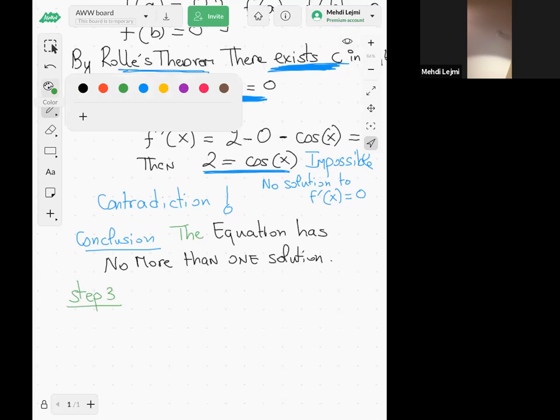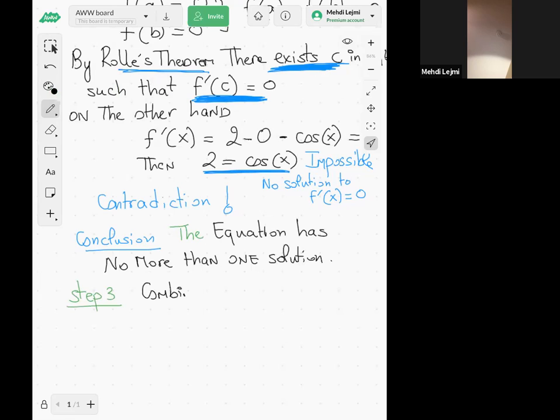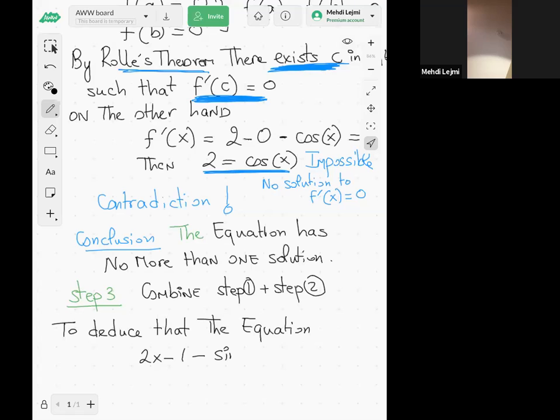So combine step 1 and step 2 to deduce that the equation 2x minus 1 minus sine of x equal to 0 has exactly one solution.